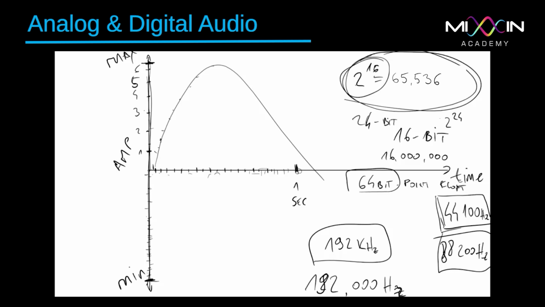So 64-bit resolution of audio. You can imagine how much bigger that is, if going from 2 to the 16, 65,536, to 2 to the 24, which is 16 million. Can you imagine how great this resolution is to represent our audio? It's insane. But just for you to grasp how really detailed this digital information is.